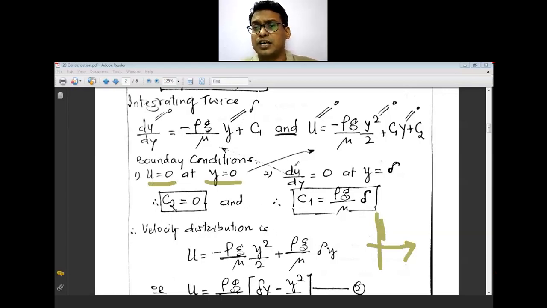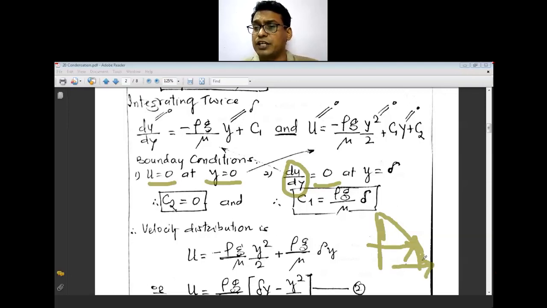And second, the change in velocity in the y direction is taken as 0 at y equals delta. Y equals delta is this outer surface of the film. So the change in velocity in this y direction is 0 on this surface.